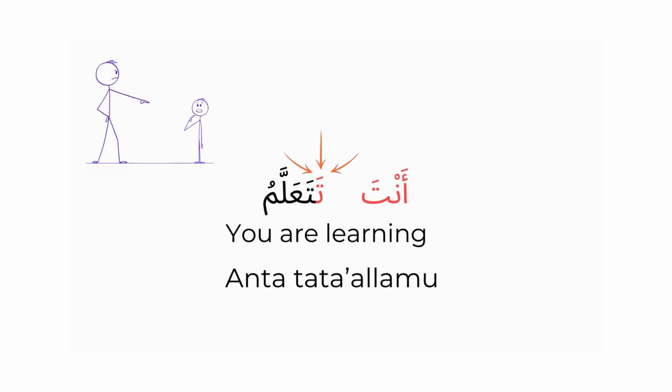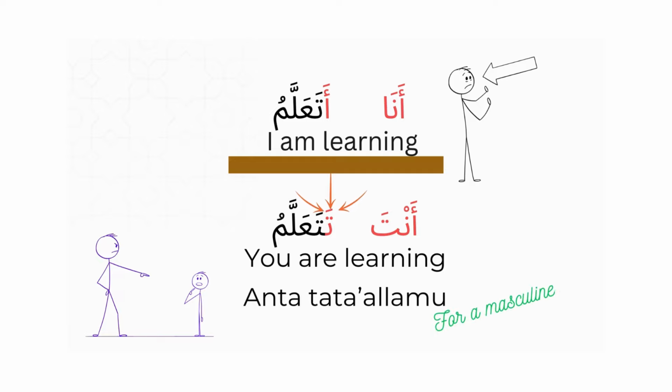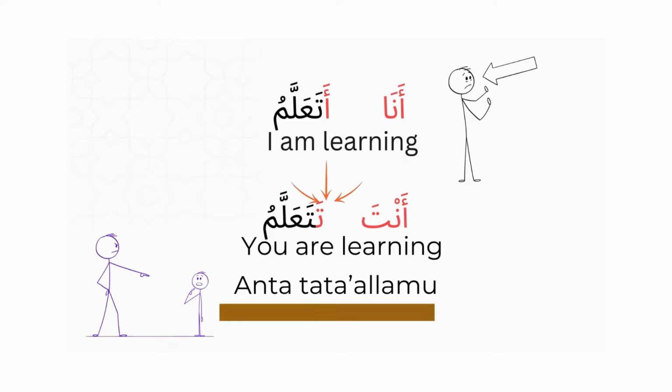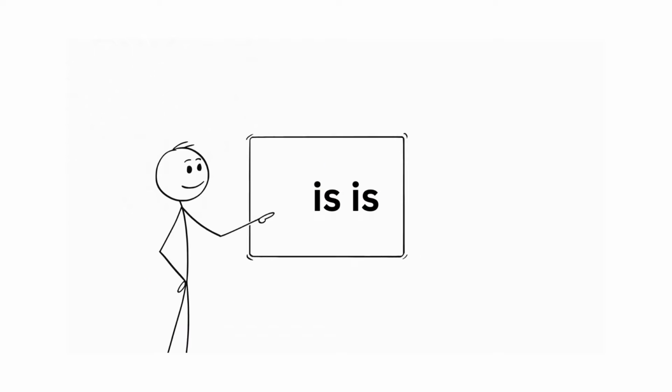You can see that we added a ta at the beginning of the word instead of the hamza or alif that we used with the pronoun أنا. أنا أتعلم, I am learning. أنت تتعلم, you are learning. And this format of تتعلم is only for the masculine.